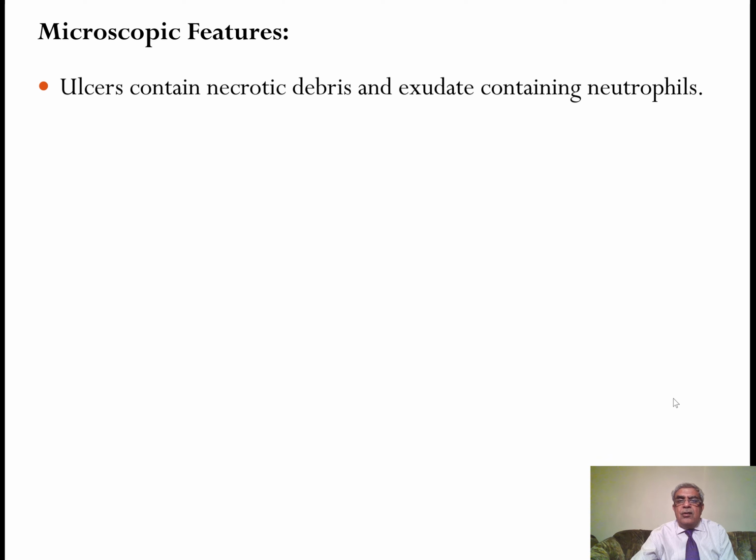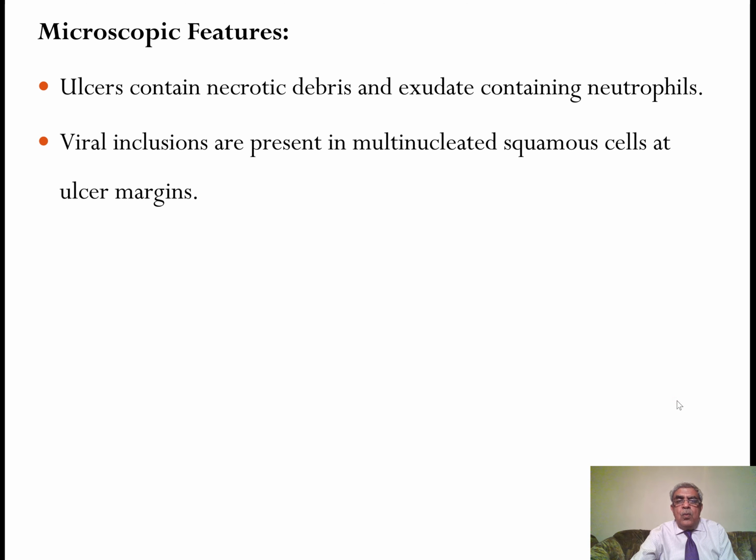Ulcers contain necrotic debris, and the exudate contains neutrophils. Viral inclusions are present in multinucleated squamous cells at the ulcer margins. So the squamous cells which are multinucleated, present at the ulcer margins, contain viral inclusions.